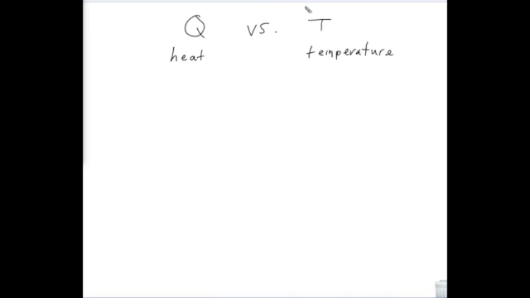The temperature is related to the average kinetic energy of the substance. It's related to, but it's not equal to. Related, but not equal.